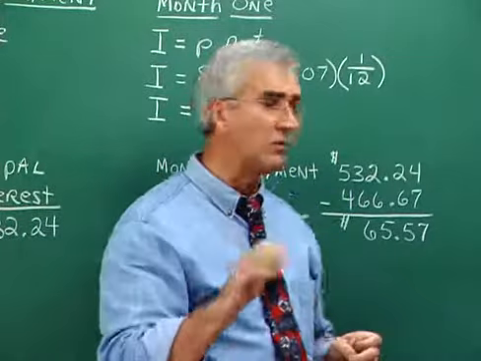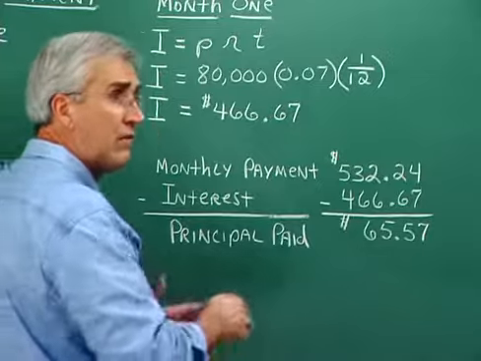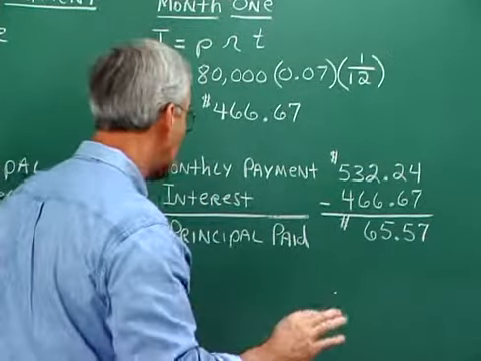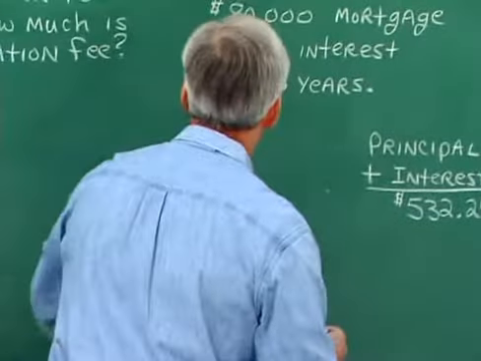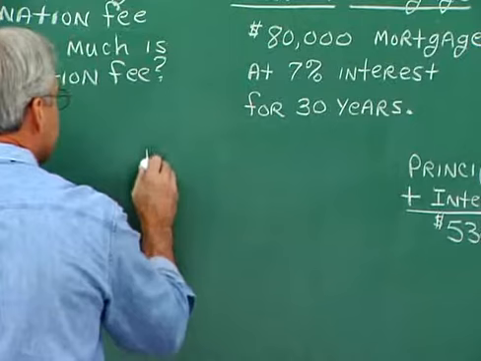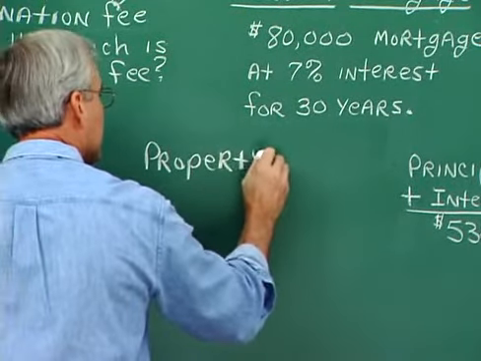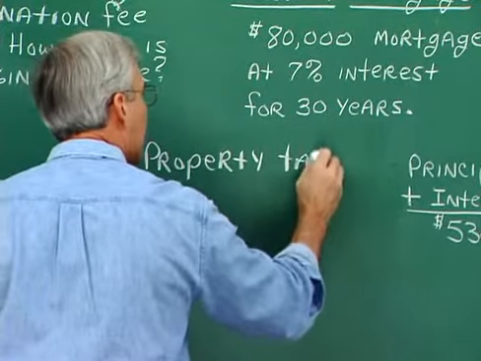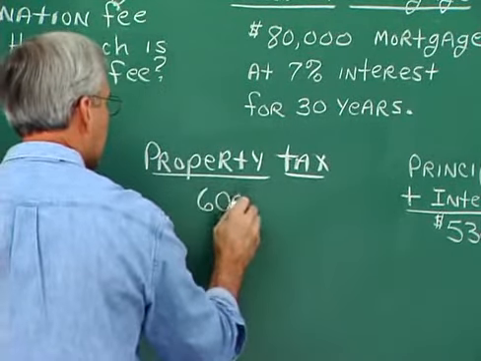Now, let's suppose that in this circumstance property taxes for the year are, let's say, $600. Let me come back over here and tell you what I'm talking about. Let's say that for this home, the property tax for the year is $600.